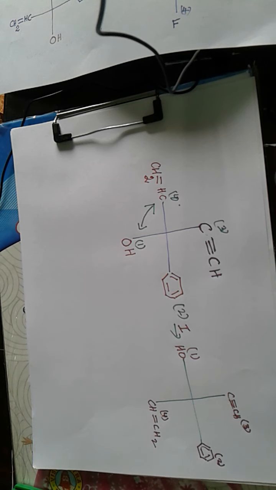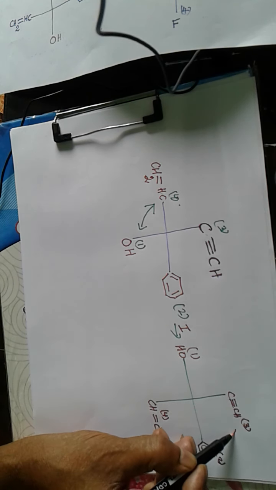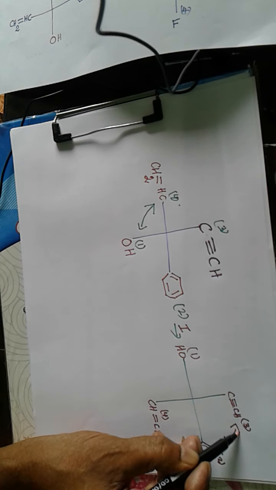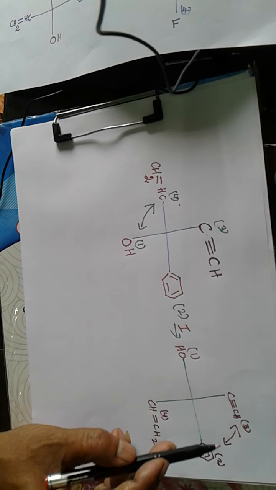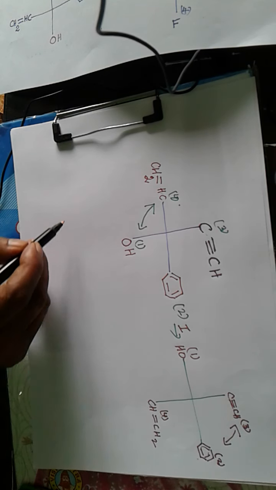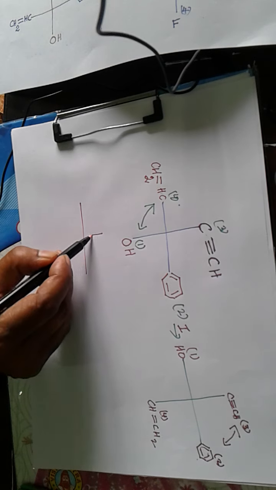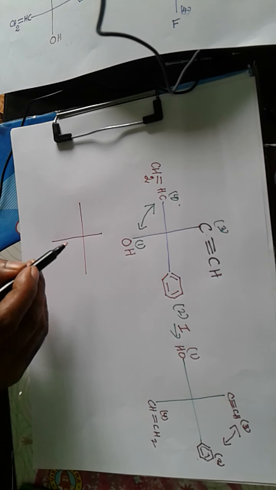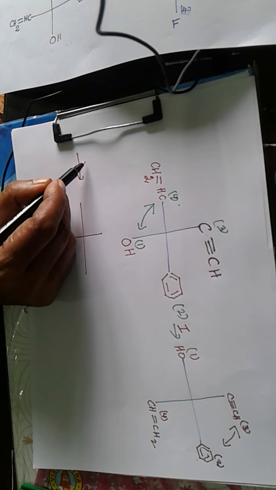You can make these two interchanges, then 2 comes here and 3 comes here, so a second interchange, interchange number 2.